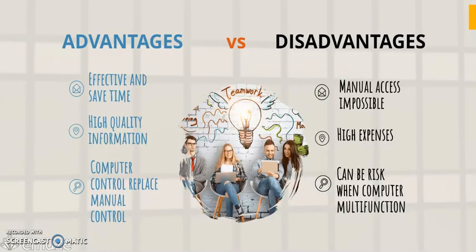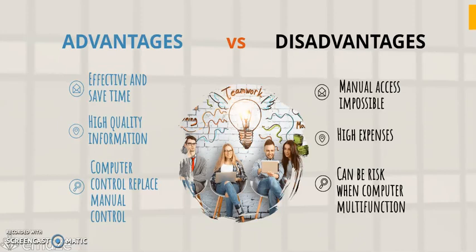There are some advantages of using technology audit. The first one, it is effective and can save time. It can also improve the quality of information. Then, computer controls can replace manual controls. However, it also has disadvantages.